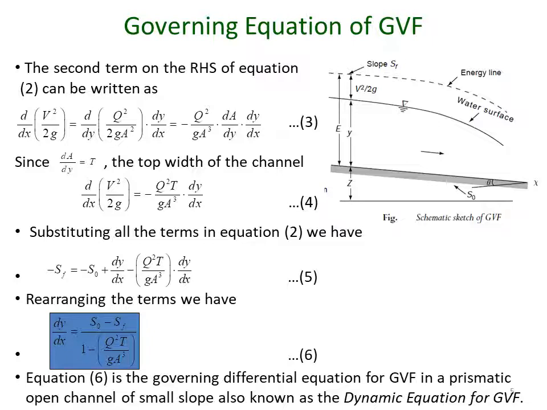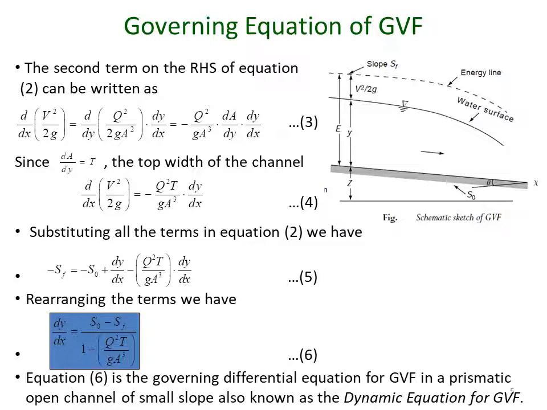So, going back to equation 2 and substituting all the terms, we arrive at equation number 5, which shows minus SF equals minus S naught plus dy by dx minus Q squared T by g A cubed into dy by dx.